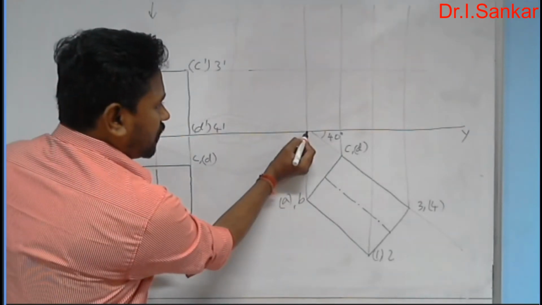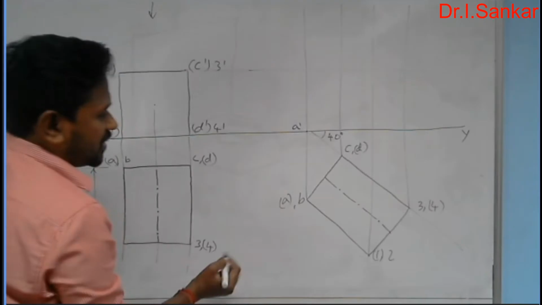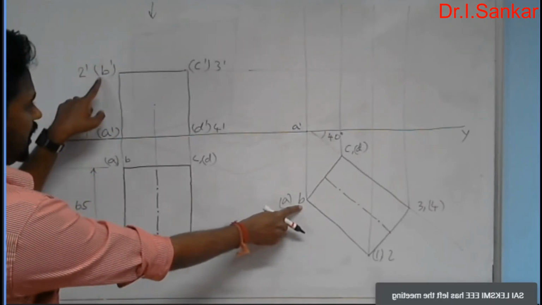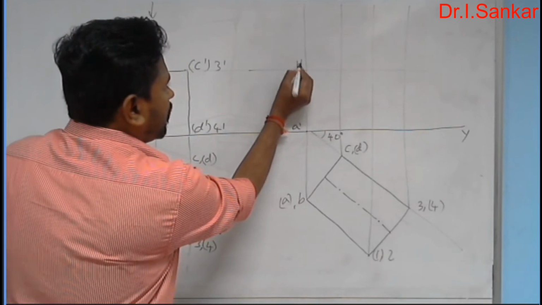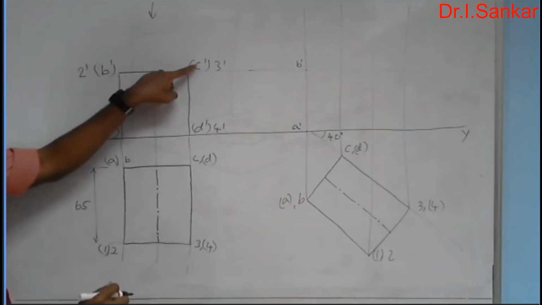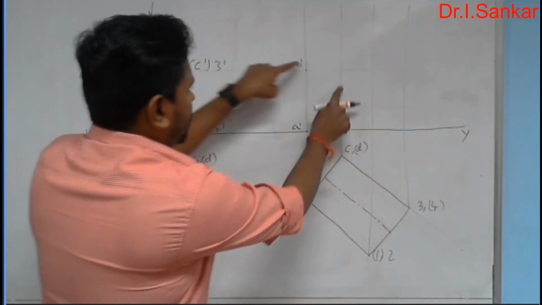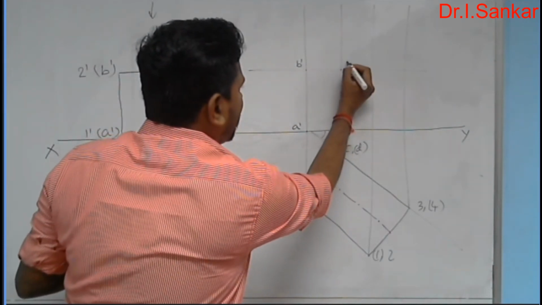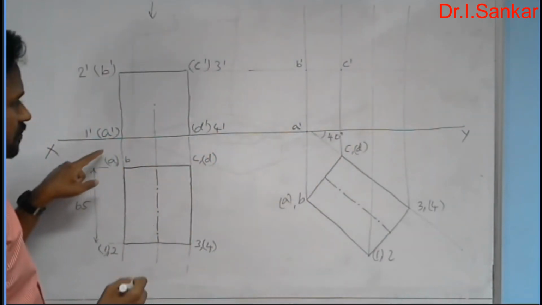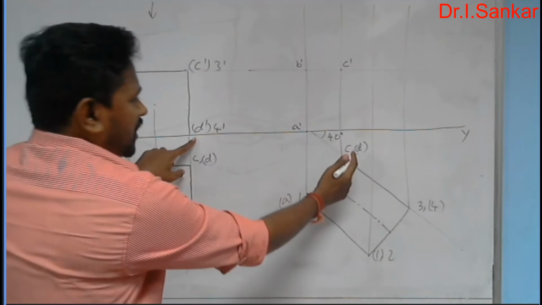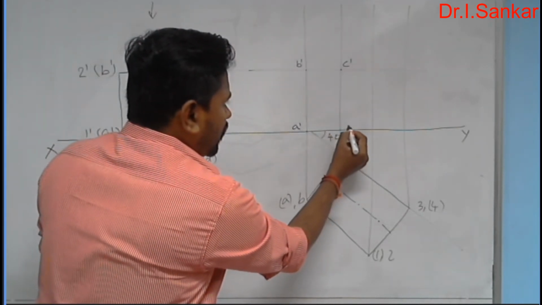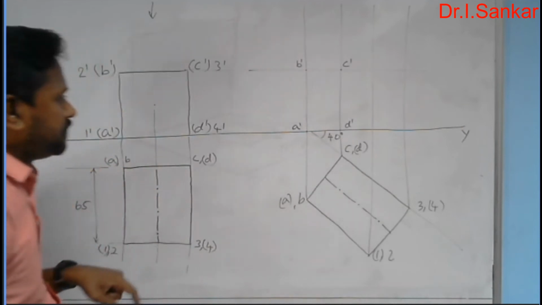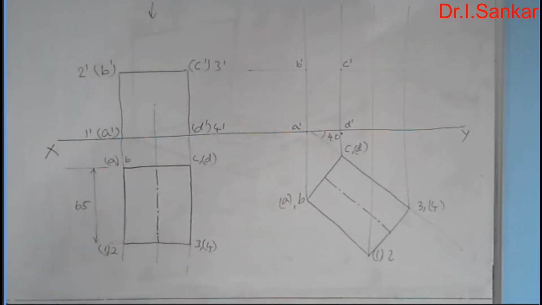Here, final A dash. Similarly, B dash. Here, B dash. C dash, C. Final C dash. D dash, D. Final D dash.